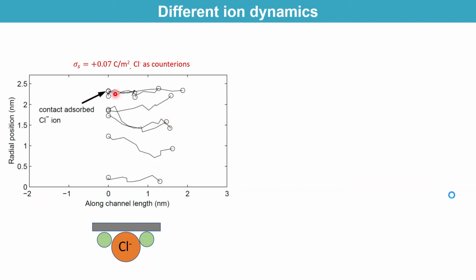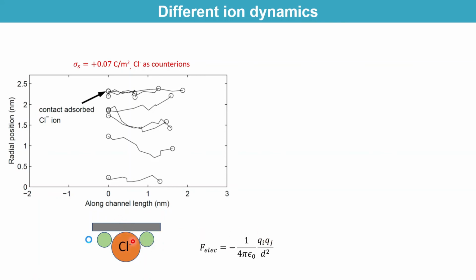So what we see is that the contact adsorbed chloride ion actually have a pretty good mobility. They can still move around, very much similar to what we had in the bulk part of the channel. In other words, although these chloride ions are in contact with the wall, they can still move with reasonably high mobility. The reason for this is that the major force that impedes the movement of the chloride ion is the electrostatic attraction between the charged surface and the chloride ion.